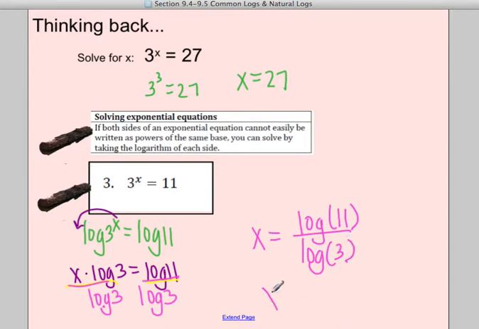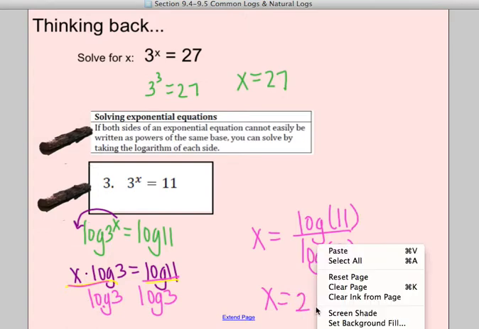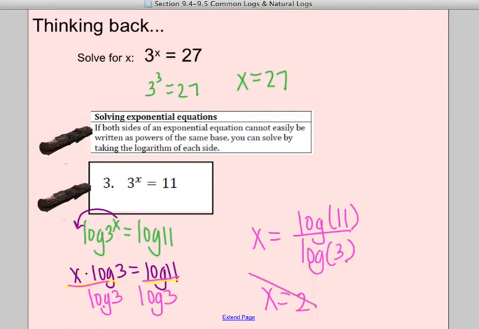You do that on your calculator, and let's round to 4 decimal places, and we get x is approximately 2.1827. So that is what x would be for that example.